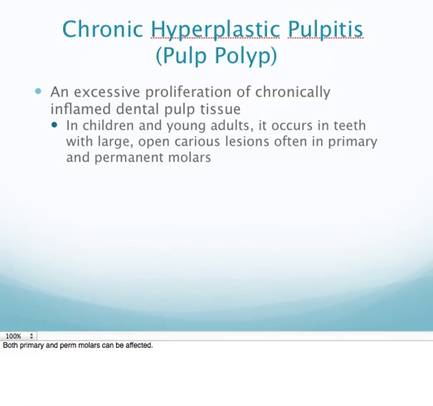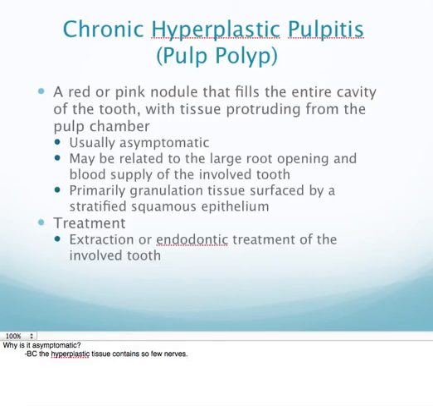Both primary and permanent molars can be affected. It's usually asymptomatic, it doesn't hurt. It can be related to the large root opening and blood supply of the tooth that it's happening in. And pretty much it's granulation tissue that's primary. To treat it, you have to extract the tooth or perform a root canal.